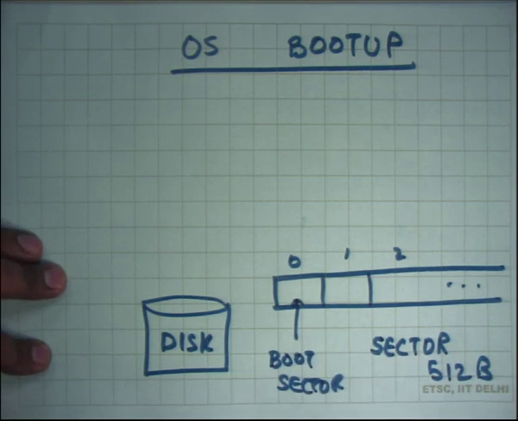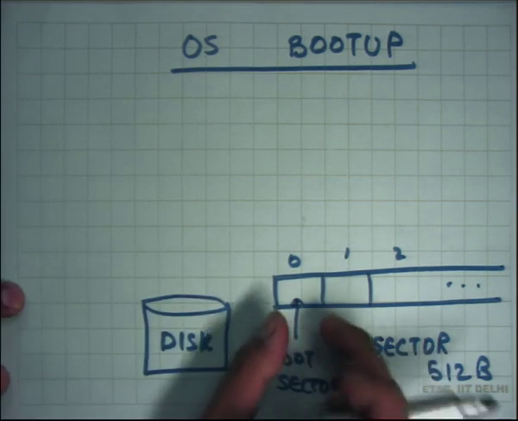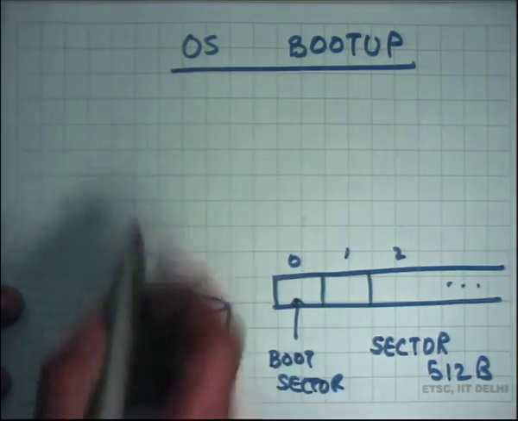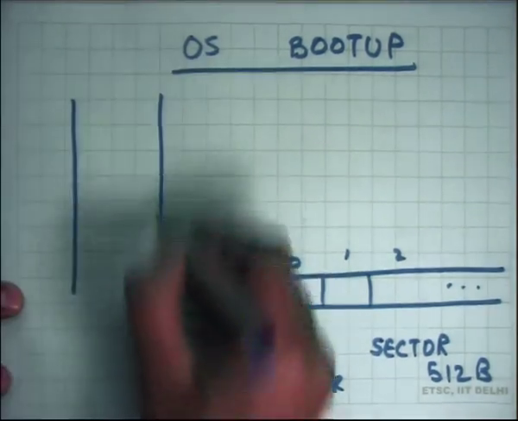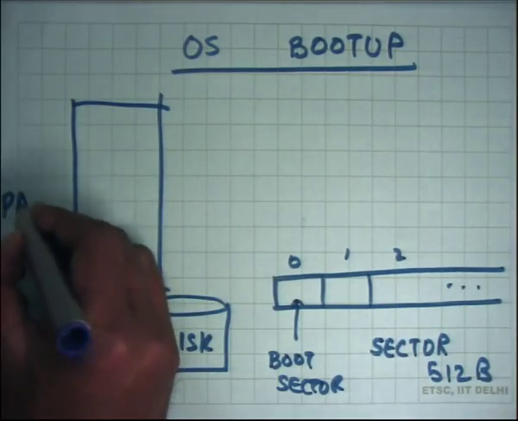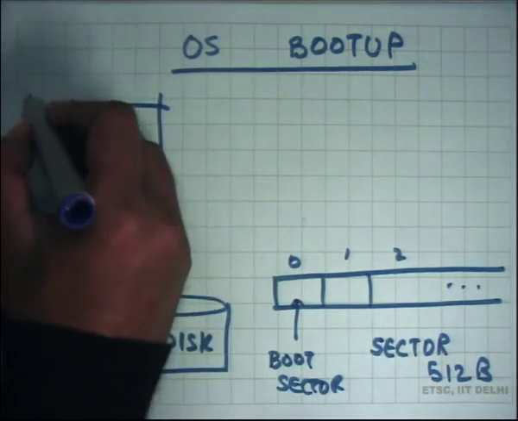The contract with the hardware is that it will load this boot sector at a particular memory location. It will copy this boot sector to a particular physical address, going from 0 to some value, let's say m.